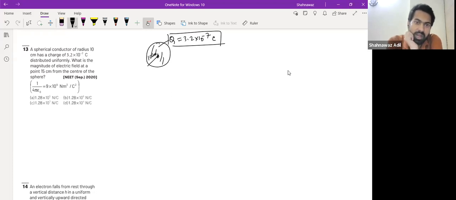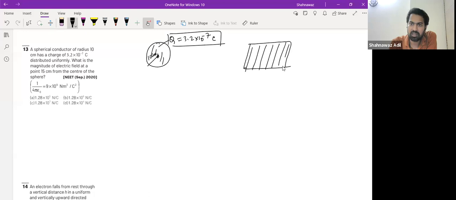So I was asking, what is the surface charge density? What do you understand about it? As the name suggests, if you have charges and let's say this is a plane, then the plane has this surface.